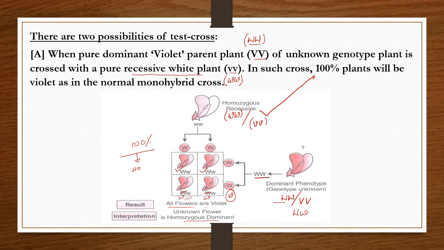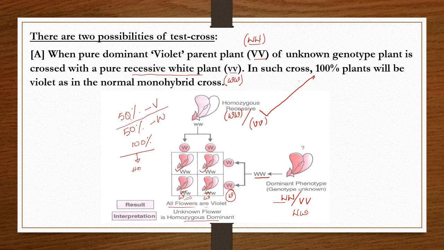So in this case, when the unknown plant is heterozygous and is crossed with the recessive white plant, then you will get 50% of plants violet and 50% of plants white.